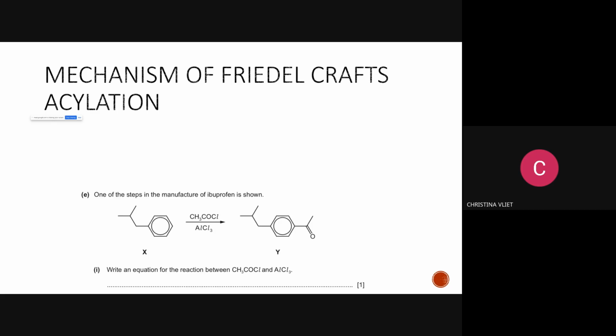Okay, so paper 4 question. It's an acylation. They give you this reactant, this product, write a reaction to generate that electrophile. What do we do here? CH3COCl plus AlCl3. So what are my products for 1 mark? AlCl4 minus, right?